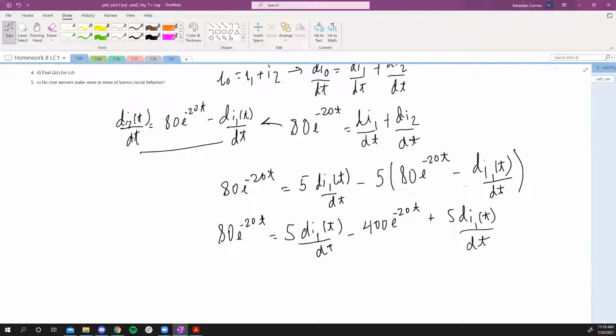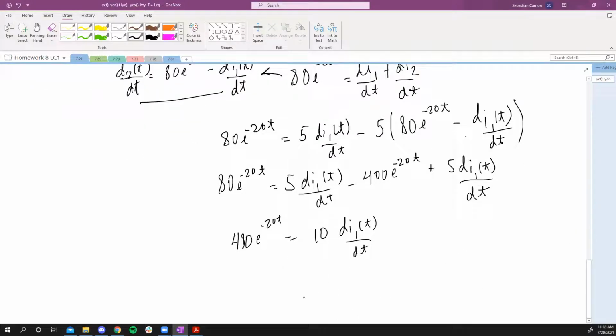Okay. So then you can go ahead and say 480e to the negative 20t equals 10 di1(t)/dt. And then di1(t)/dt is equal to 48e to the negative 20t.